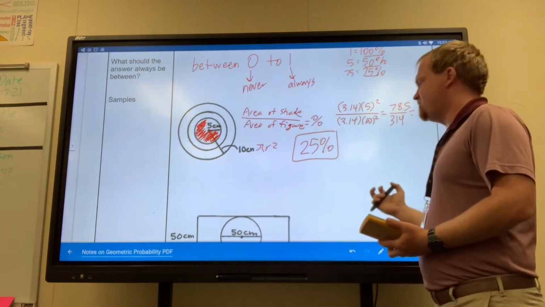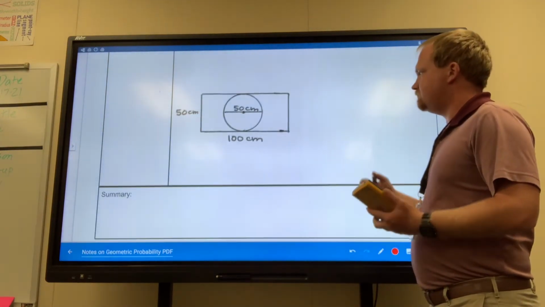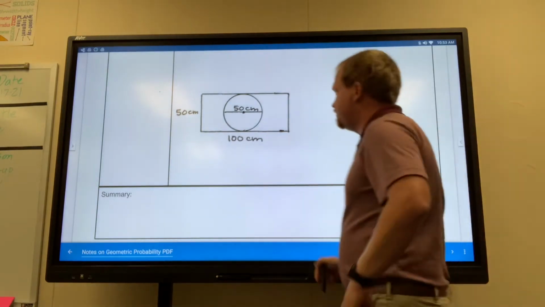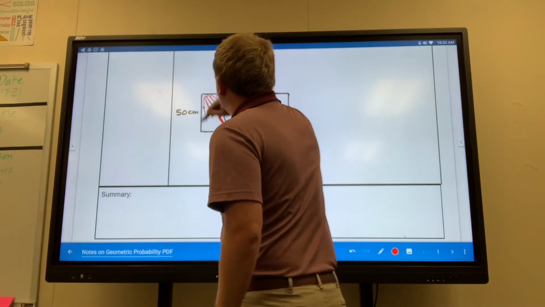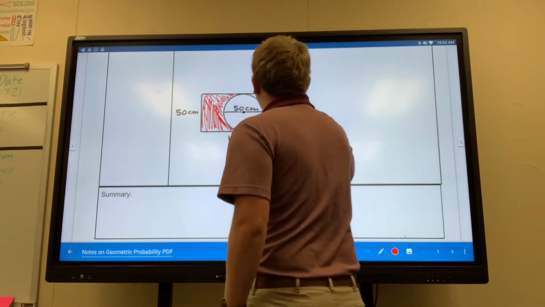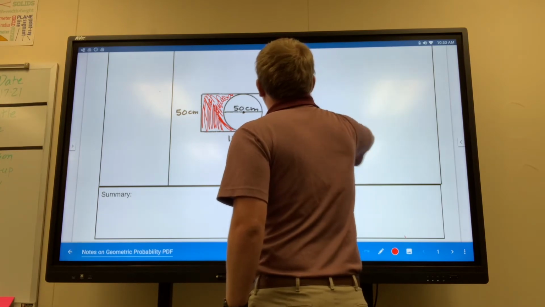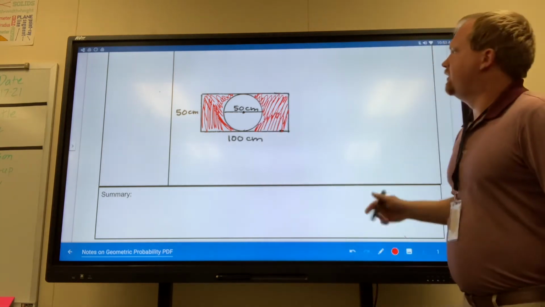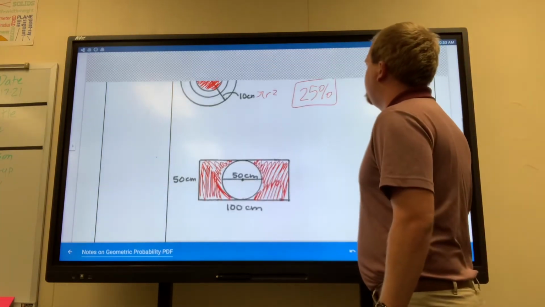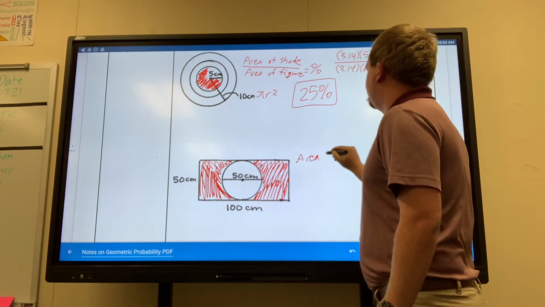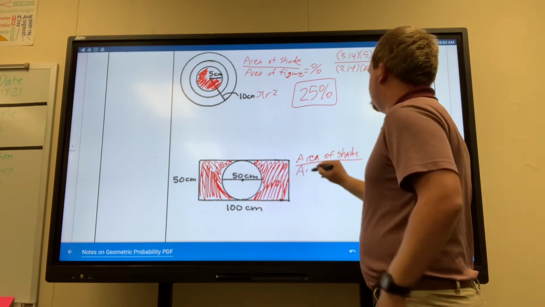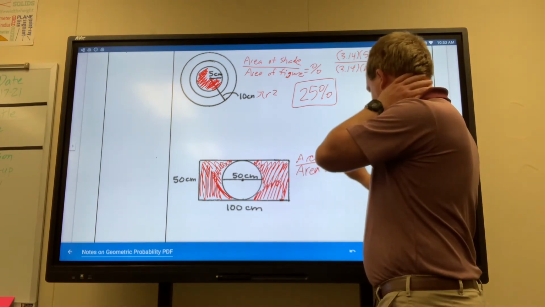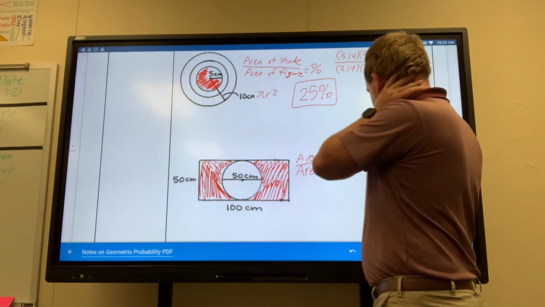So let's say I want to do this right here, and I'm going to do both sides. Again, we're going to remember it says the area of the shade over the area of the figure, or pretty much the total.